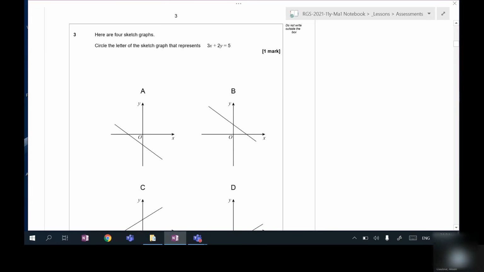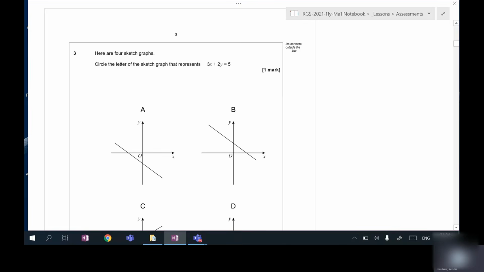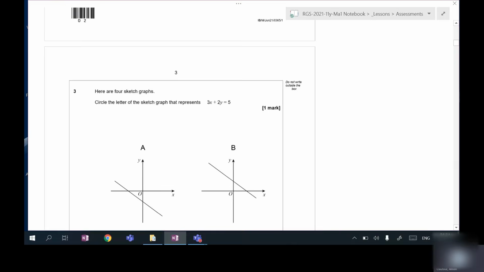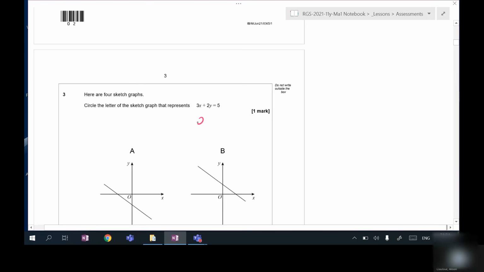Question 3. So I'm looking for the sketch that represents 3x plus 2y equals 5. I might want to rearrange this. Okay, so I want it in the form y equals mx plus c, so I'm going to move my 3x to the other side to make it negative 3x and divide by 2.